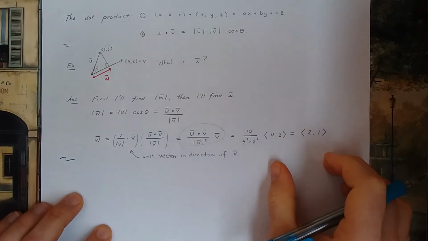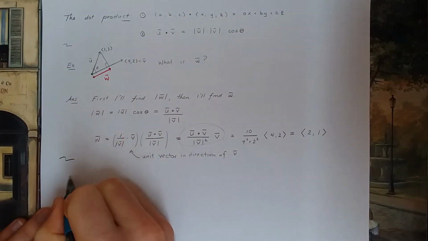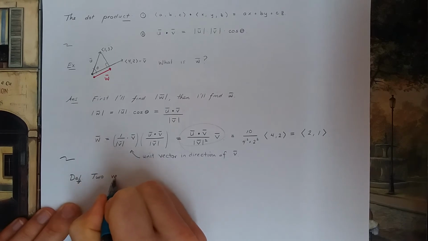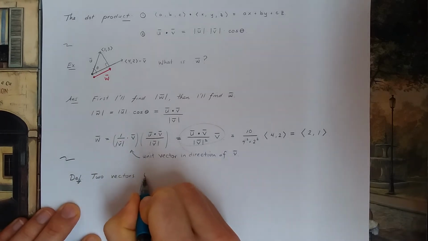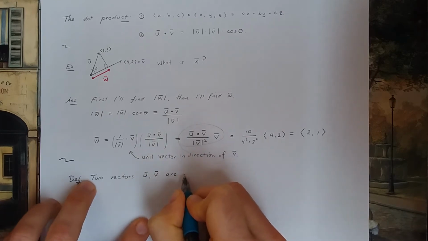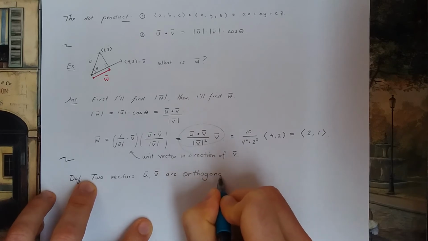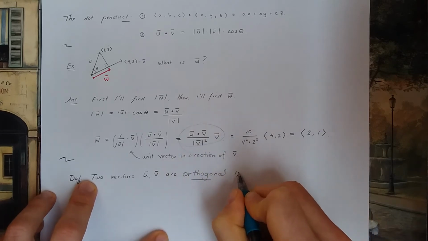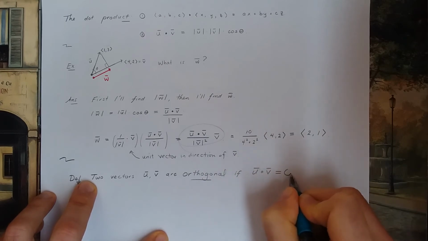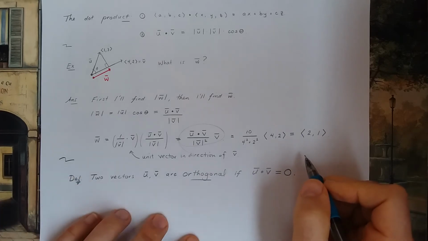I'd like to finish this video with an important definition. So here's a definition, a term that you need to know. Two vectors, u and v, are orthogonal if their dot product, u dot v, equals 0. What does orthogonal mean?